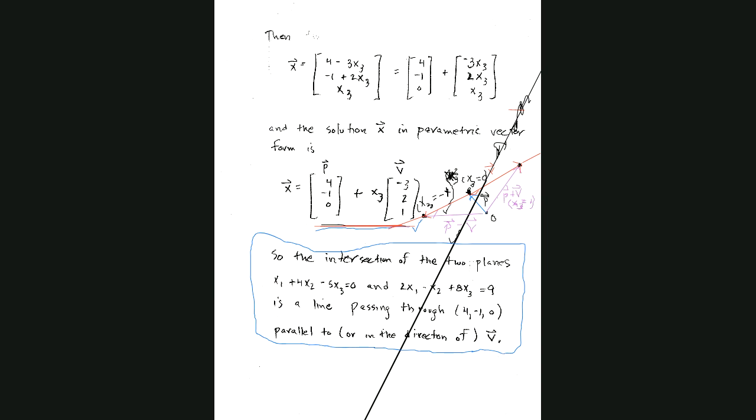Basically, it's the solution of the homogeneous equation shifted by the vector P. The solution of the non-homogeneous equation geometrically is the solution of the homogeneous equation, but shifted by that vector P, which is a particular vector P.